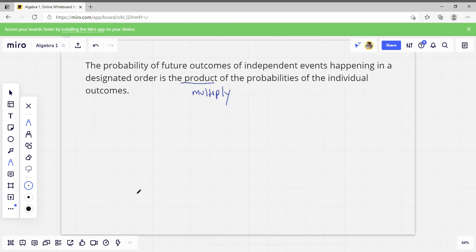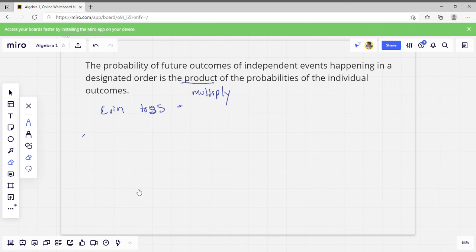Let's say that we're tossing a coin. What is the probability of it being heads twice? Oops, I meant to erase. Okay, so the first time we have 2 chances. 1 out of 2 is heads. Okay, so let's write that out.